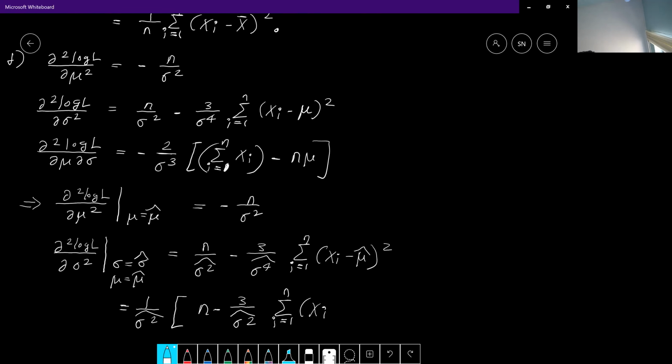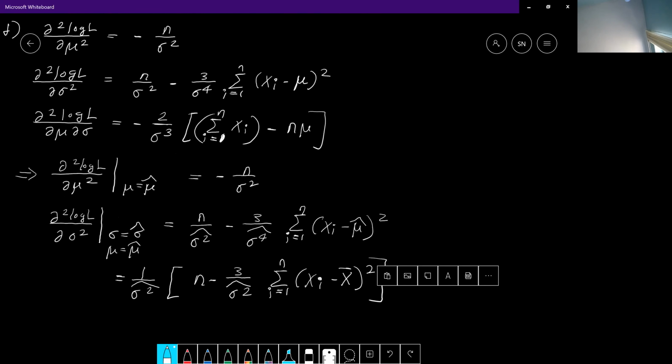Okay, I'm going to replace mu hat by x bar, which is the estimate that we got in part C. Now if you replace sigma squared hat by the estimate that we got in part C, what you will get is the following.